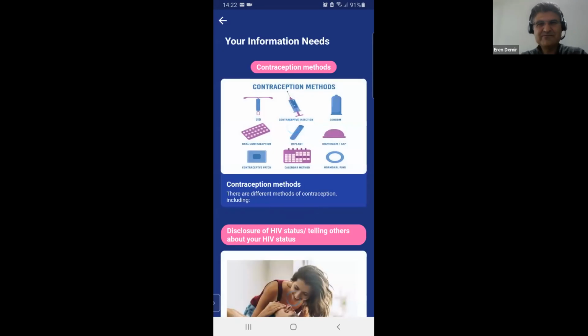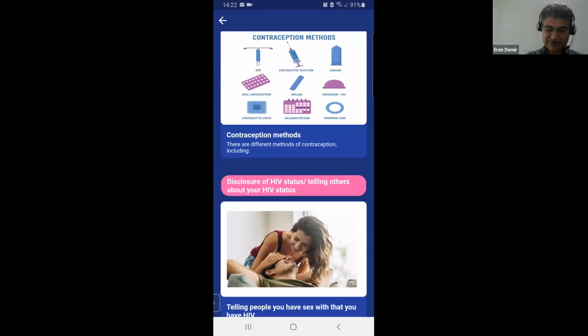So we know there's a lot of myth, particularly on the internet, around HIV. So again, in my survey, we have a section where users can select the information they want to receive on a regular basis, in the form of articles, newsletters, even journal articles that are easy to read, all coming from credible sources.